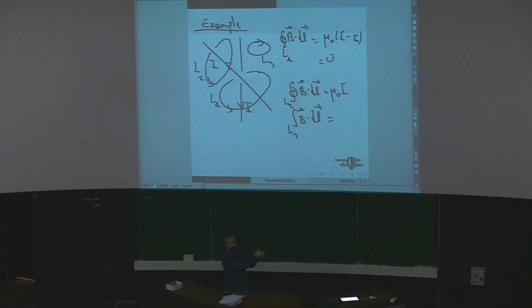I take a loop somewhere over here, this loop. Zero, non-zero. Now it will be zero. The magnetic field is not zero. Nevertheless, this integral is zero. Is this clear?